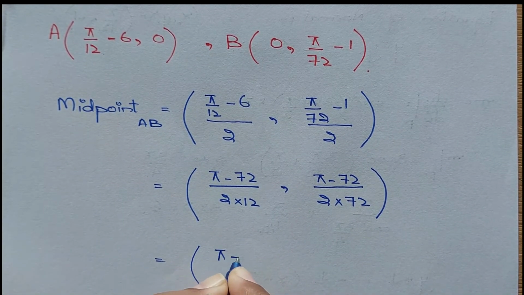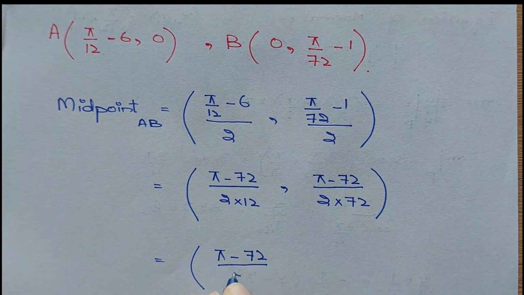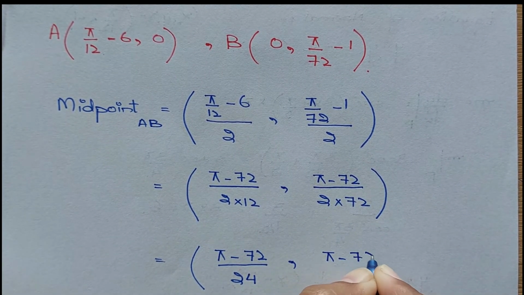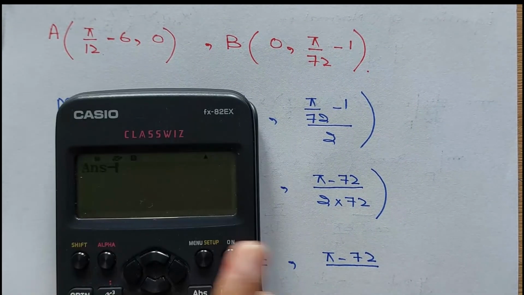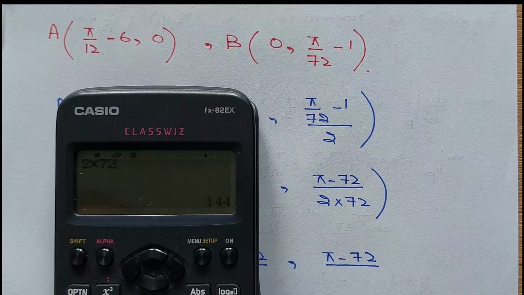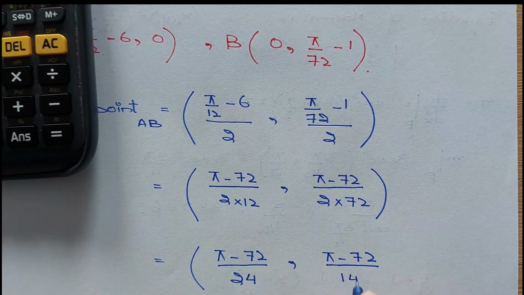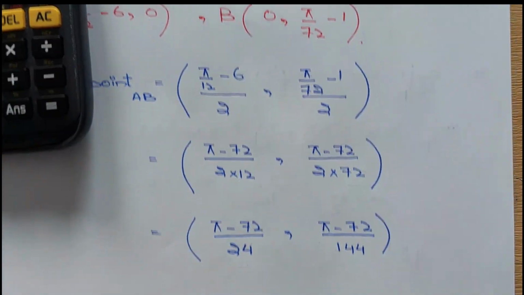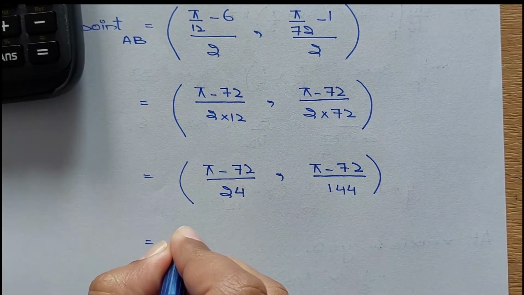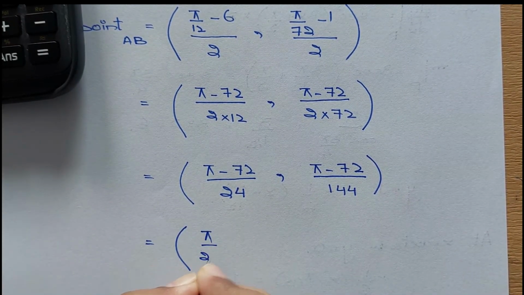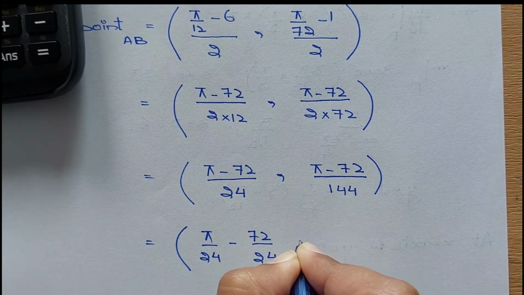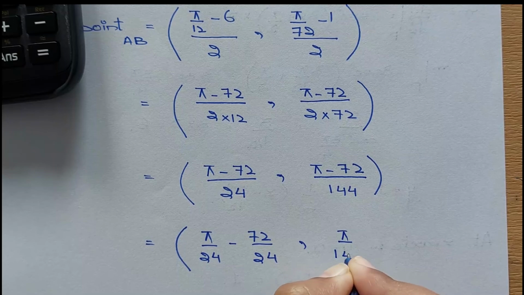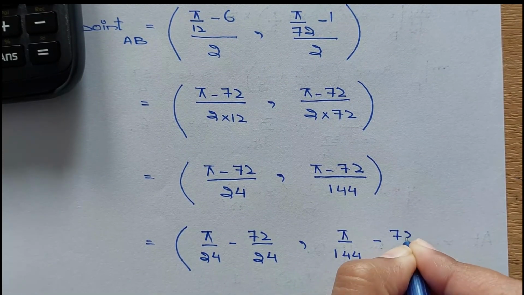So pi minus 72 divided by 24, and pi minus 72 divided by, what is 2 times 72? 2 times 72 is 144. Okay, let me simplify it further. So here we have pi by 24 subtract 72 by 24, pi by 144 subtract 72 by 144.